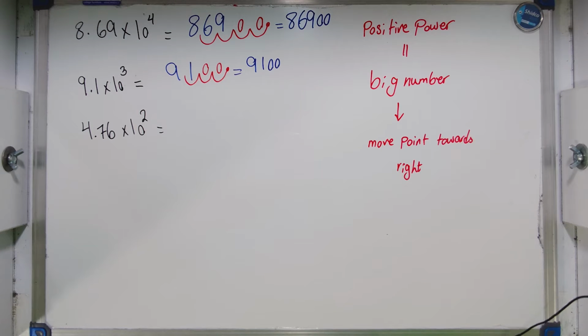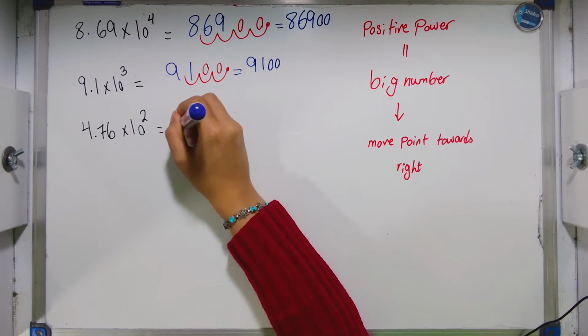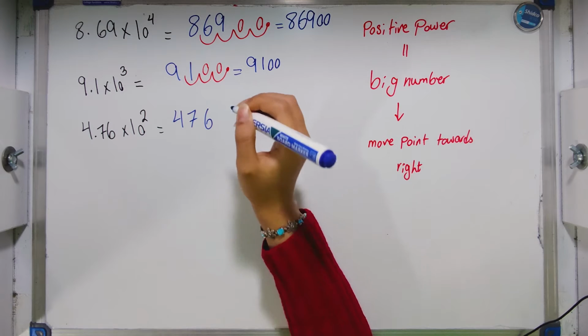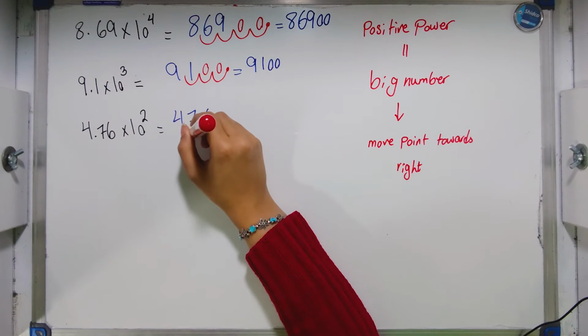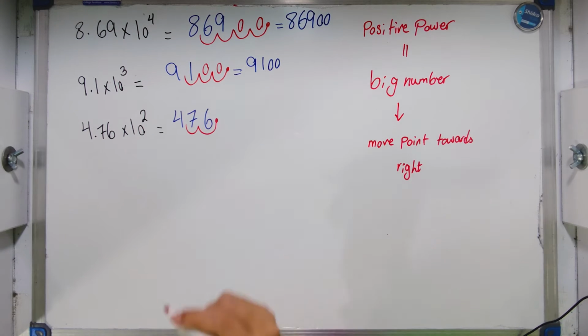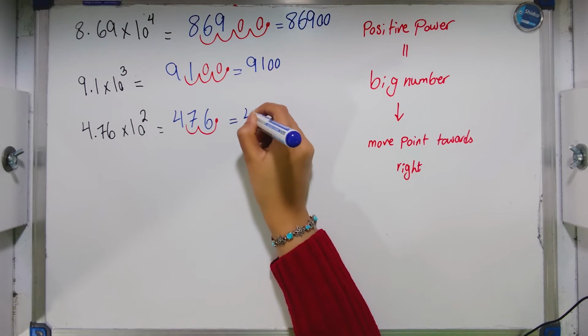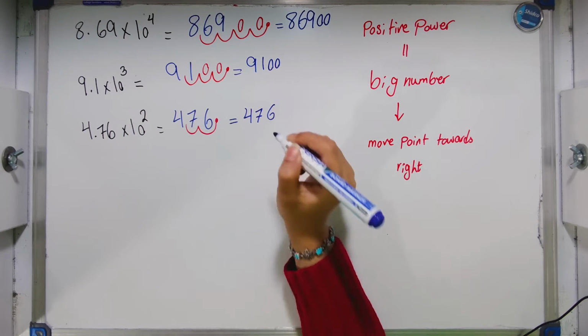The next example, I have 476 here. I have to move the decimal by 2 towards the right. 1, 2. So the number will be 47,600.